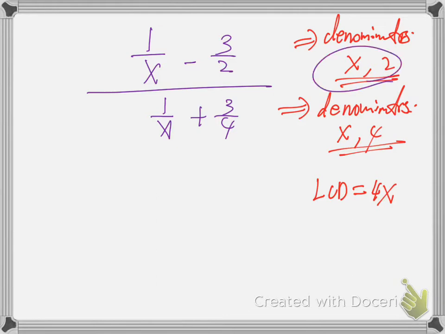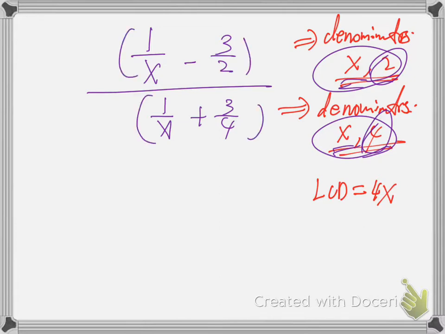So we find the LCD. The LCD is the product of the linear factors. It's x and x, so we only use x, and for 2 and 4, the LCD is 4. Now top and bottom are multiplied by 4x, so we use the LCD to kill the denominators on top.